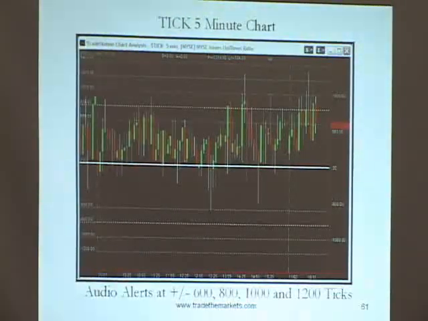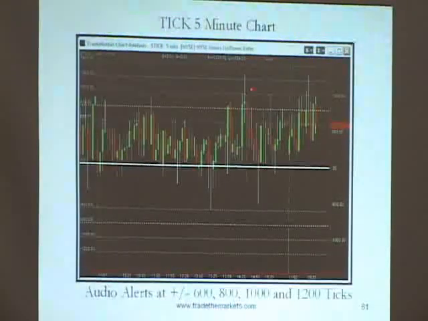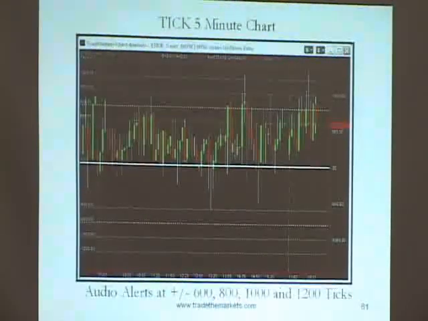Right here you can see the dead high of the move for the ticks, but a line chart may have only stopped right here because it missed that whole part. If you're not familiar with line charts, every minute it makes a new line based on where it closes, so you're not going to catch the fluctuations. So if you want to do this for the audio alerts, just make sure you're using a bar chart or a candlestick chart so it catches the entire move.